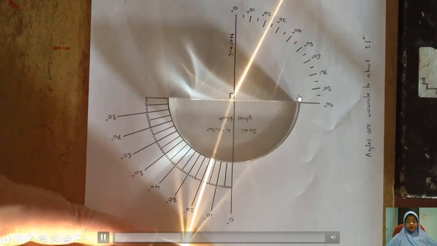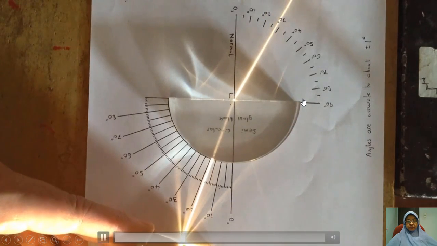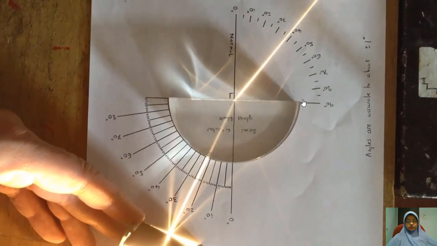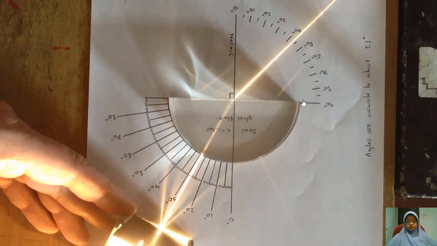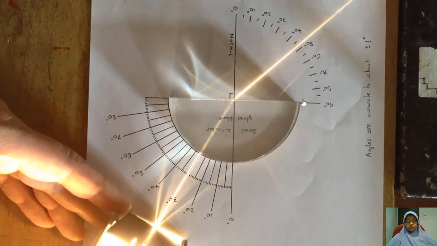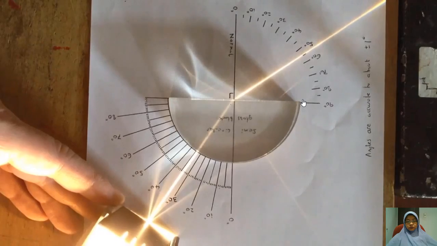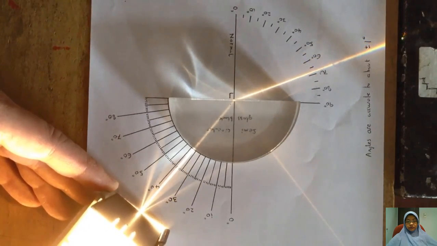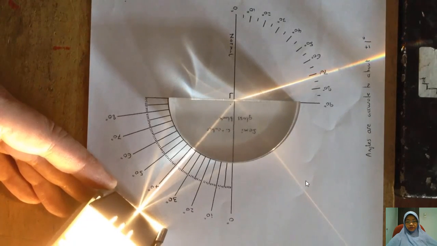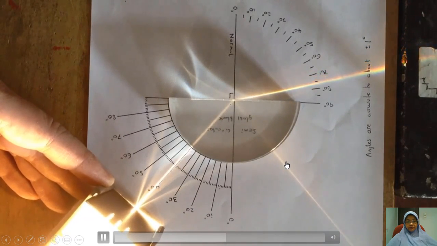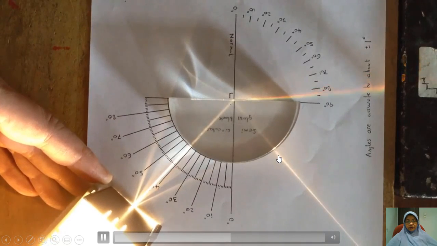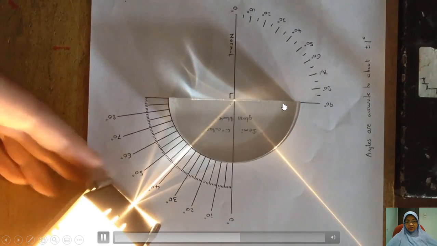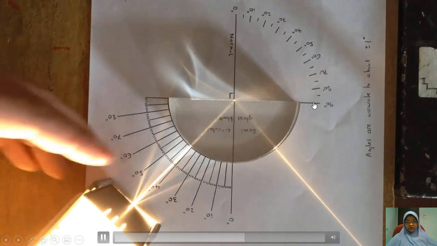Approaching the glass block boundary. So R increases as I increases. So this is the refracted angle, but it's dimmer, right? Towards the end, it will touch here at the boundary.